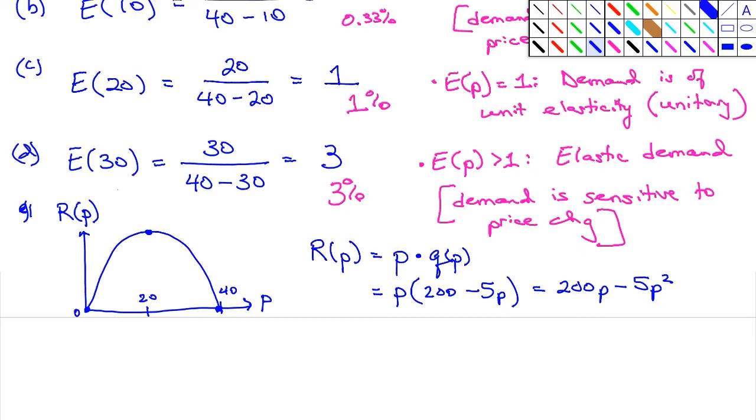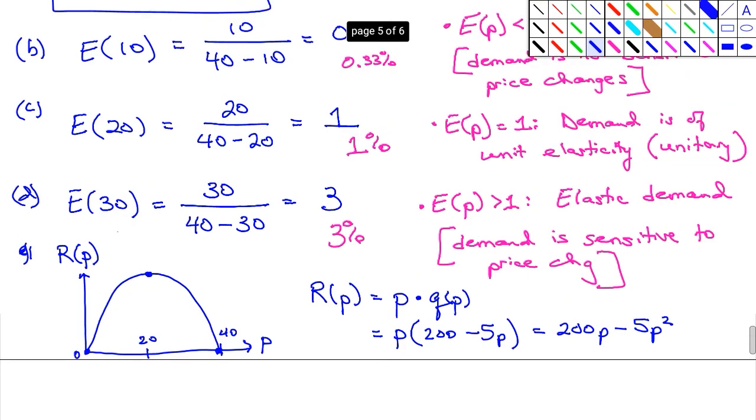And if we compare these positions with our example numbers here, we had an example at 10, and that was inelastic demand. And so what we notice here is that the revenue is rising at that point. So in other words, you can increase the price by 1%, and you see demand not go down by 1%. It only went down by a little bit. And so that's forcing revenue to increase.